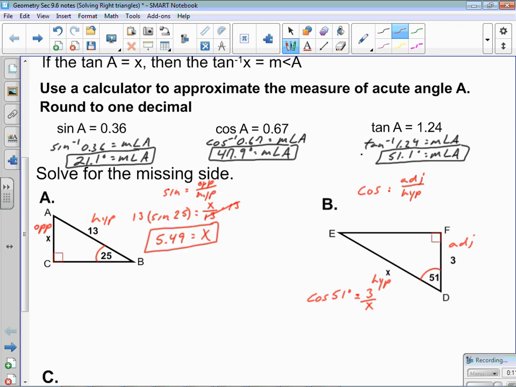So now in this case, to get x by itself, x is in the denominator. So we're going to multiply both sides by the x to get the x out of the denominator. So now we have x times the cosine of 51 degrees equals 3.